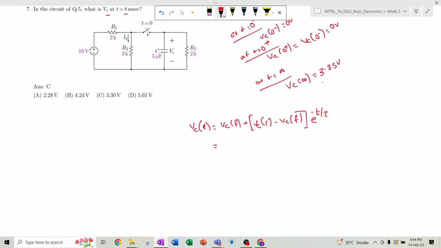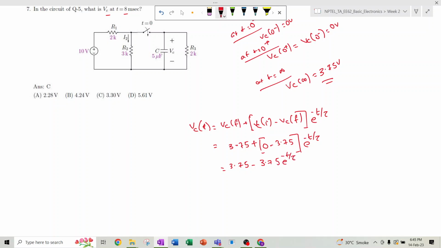So Vc final value is 3.75 plus the initial value, that means at t equal to 0 minus, it is 0 volt. So here it will be 0 volt minus 3.75 into e to the power minus t by tau. So it will be 3.75 minus 3.75 into e to the power minus t by tau.